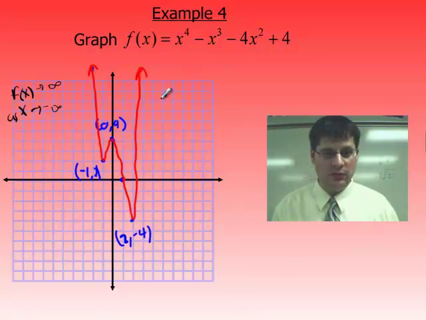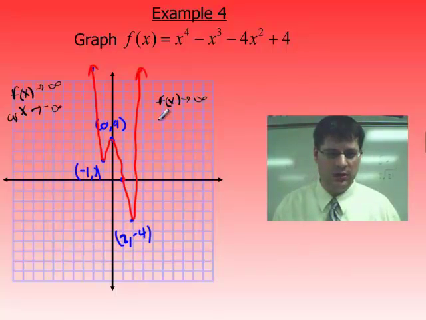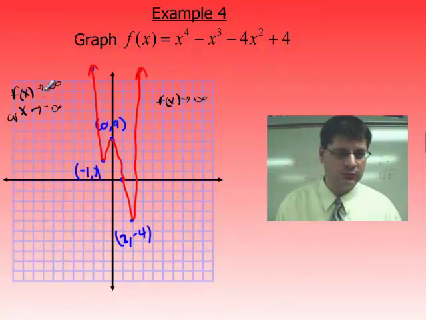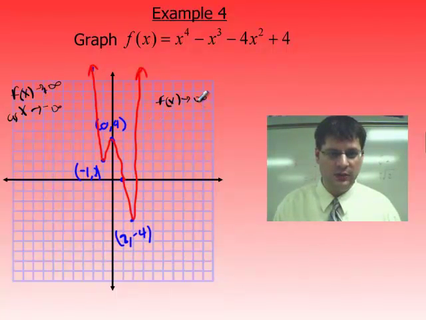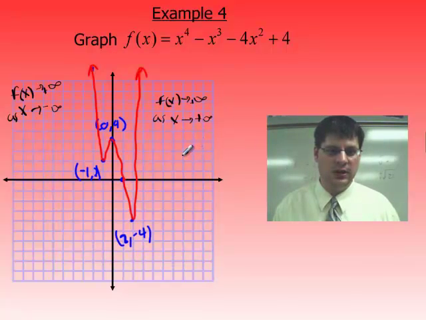And on this side, we'll write f of x approaches positive infinity. I'll just write the infinity sign. But make sure that you write negative infinity to differentiate that it is negative. I'll go ahead and put the plus. As x approaches positive infinity.